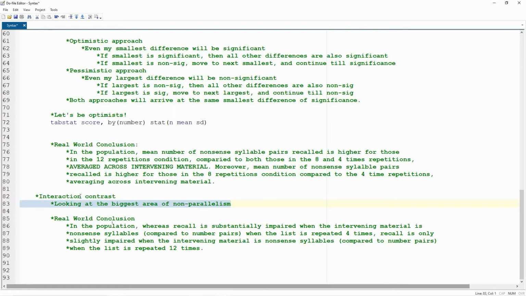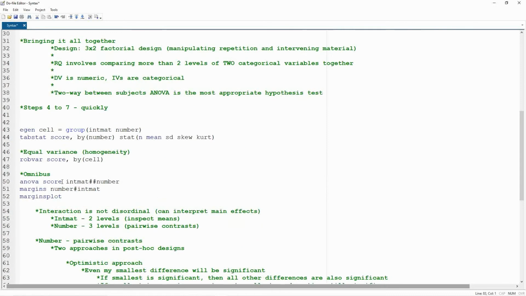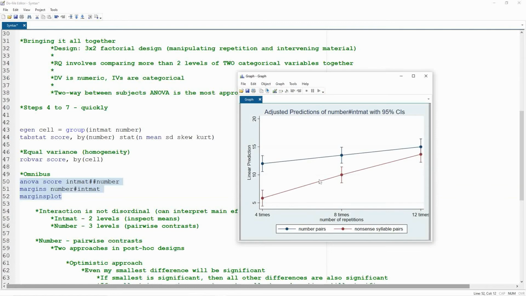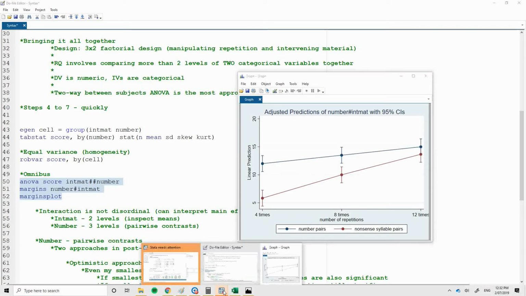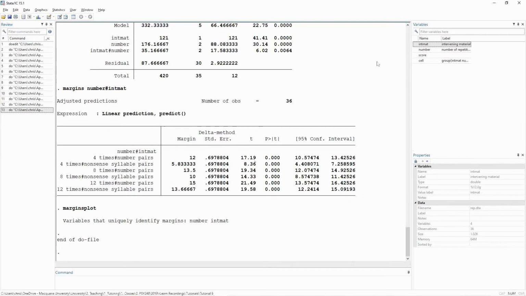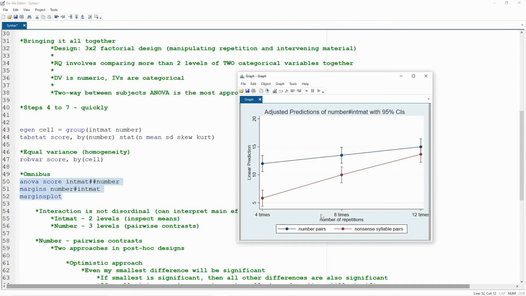When we're doing these interactions by hand, we're looking for the biggest area of non-parallelism. If I went back to my margins plot, we're looking for the biggest difference between two groups. And what does the data want to tell me? It wants to tell me that it did something. Excellent.